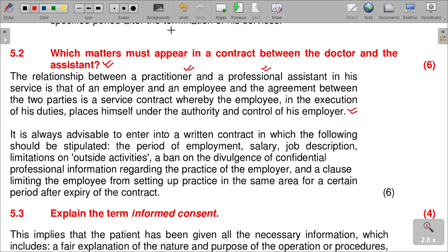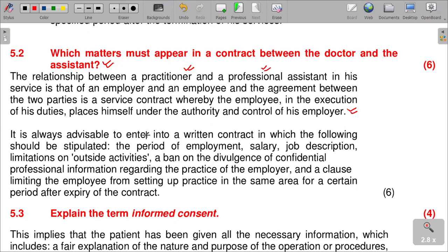So what is being said here is that a doctor and an assistant have an employer-employee relationship, where the contract is to also give the capacities and the degree of execution of duties which the assistant must do under the authority of his employer.